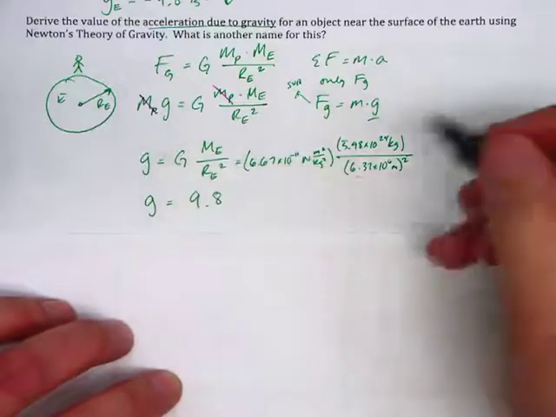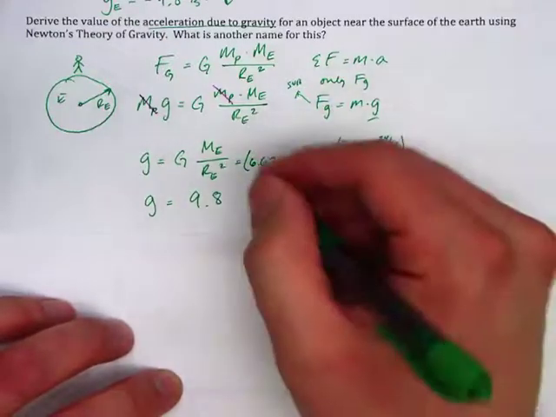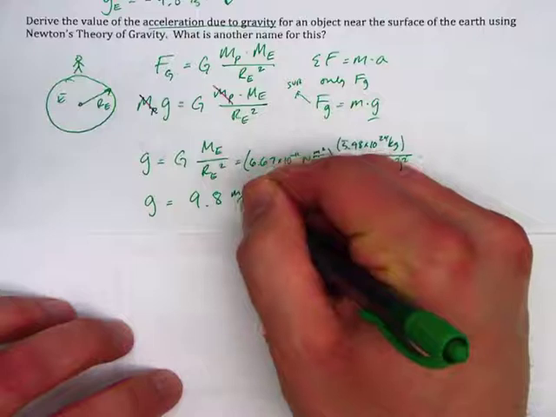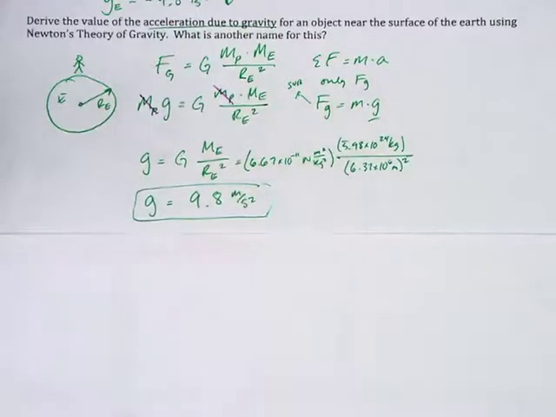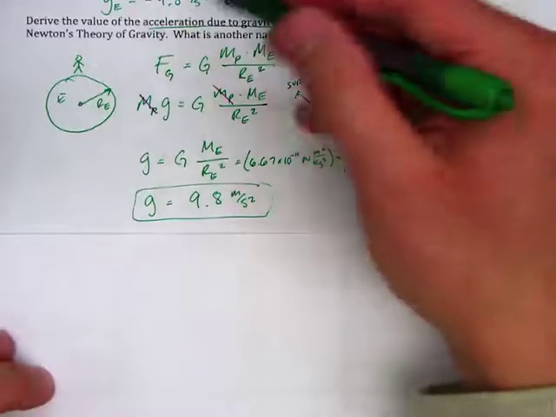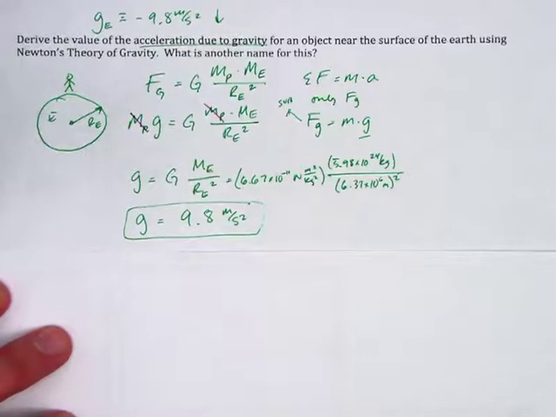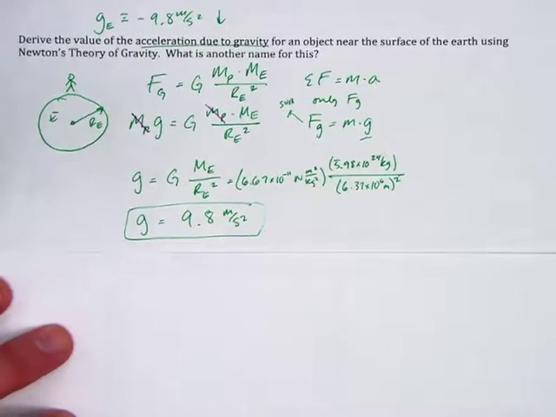If I look at the units, I get 9.8 meters per second squared, which is exactly what I'd expect based upon what we've known from empirical observation, that we measure that to be 9.8 meters per second squared downward.